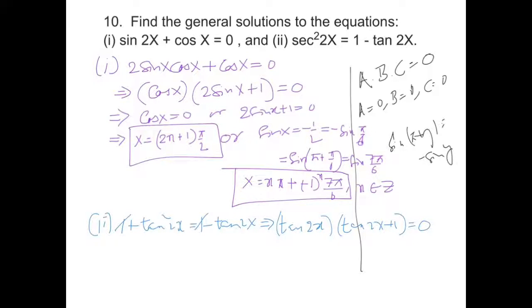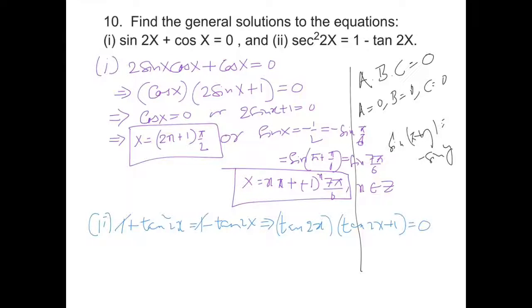Now please note here that we did not cancel tan 2x on the two sides, because tan 2x equals 0 is one of the possible solutions. And if we removed tan 2x, then we would lose that solution. So you should be careful to retain all the variables.